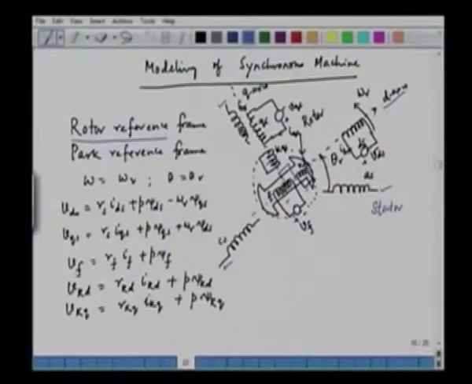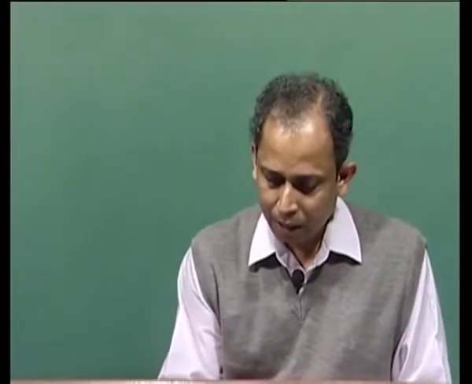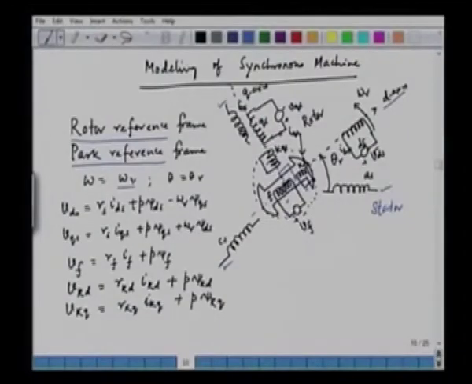So, we will be modeling the synchronous machine in the rotor reference frame or the Park reference frame, which means the reference frame is attached to the rotor and is rotating at the speed of the rotor. Omega is equal to omega r, where omega r is the speed of the rotor, and the angle of the reference frame is the same as the rotor angle, theta equal to theta r.